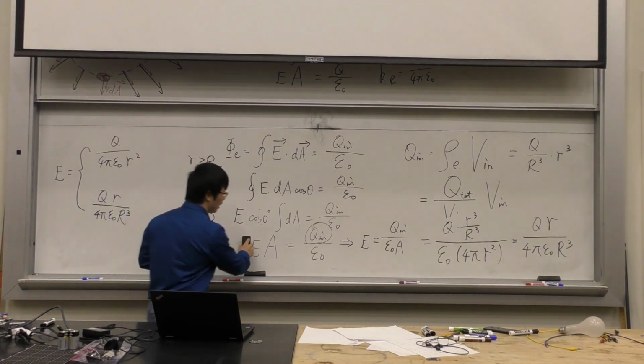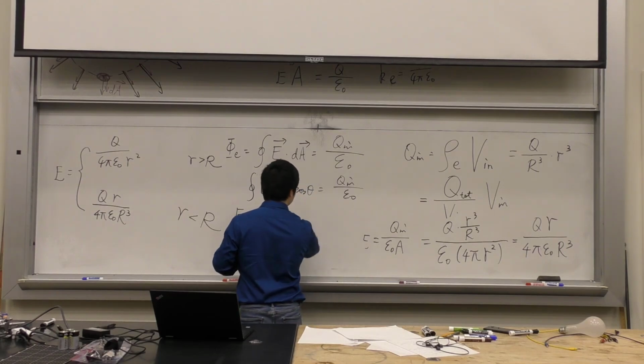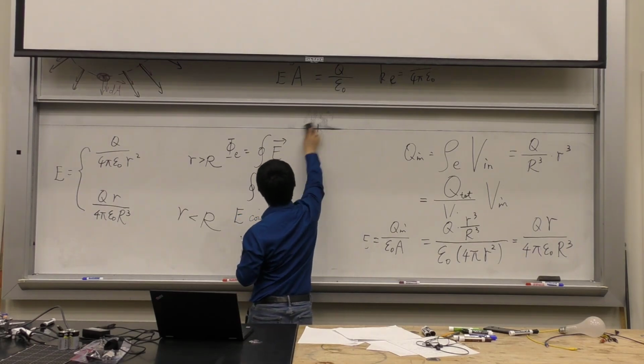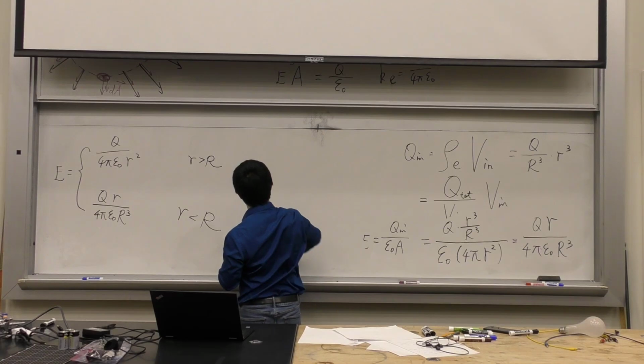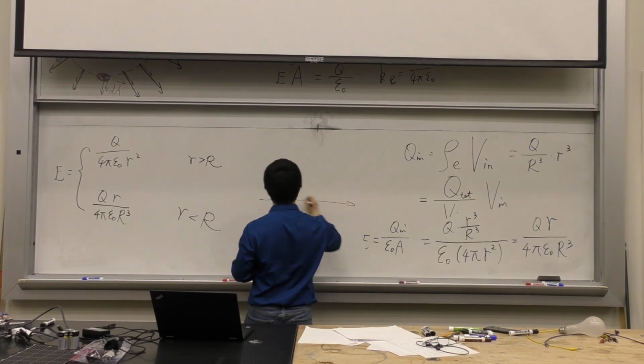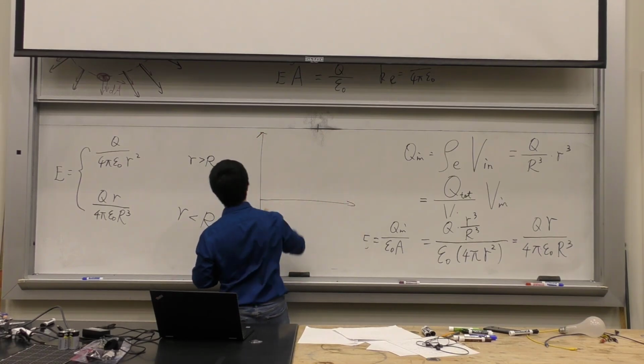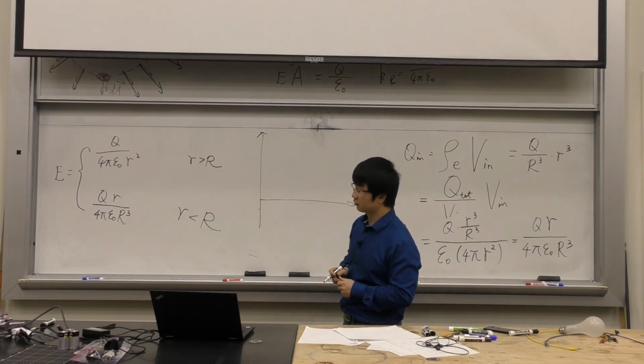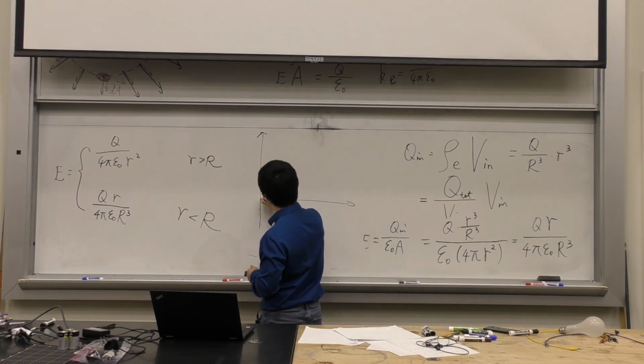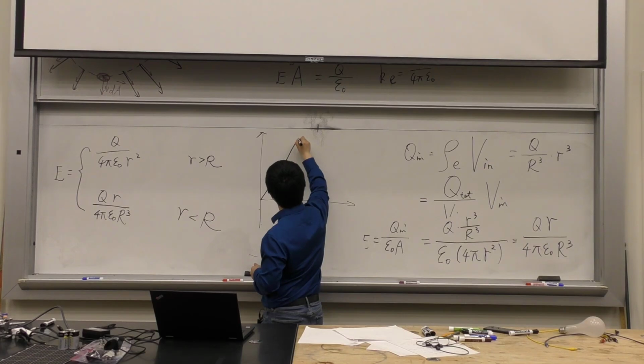So if you make a plot of the magnitude of the electric field versus the distance from the center of the solid sphere, initially it's going to increase linearly.